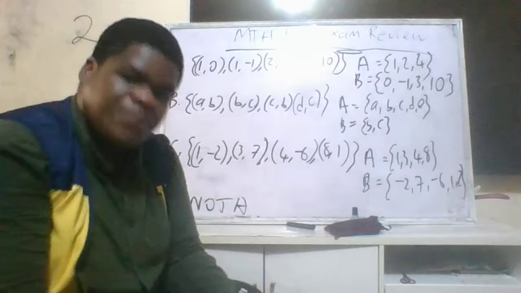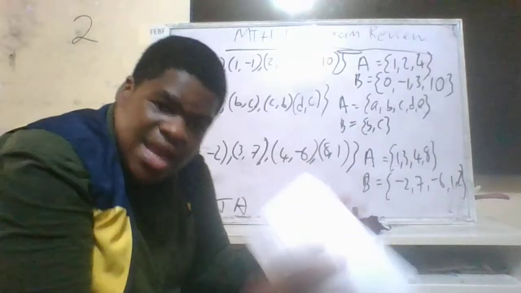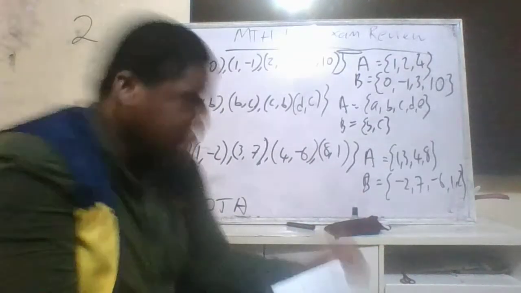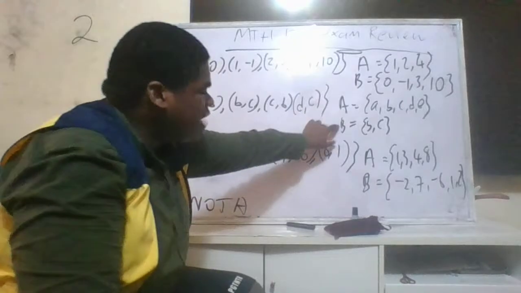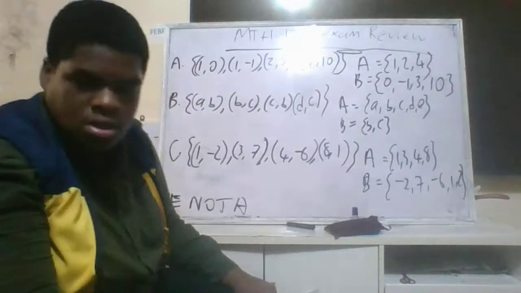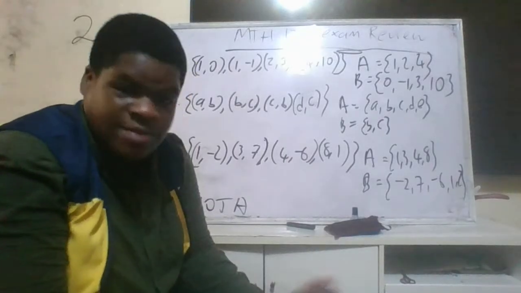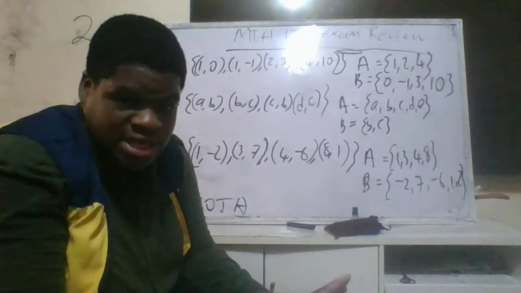What this means is that, number one, every element in your domain must have an image. Every element in A must be mapped to an element in B. This is the easiest way that I've seen and most people understand it.